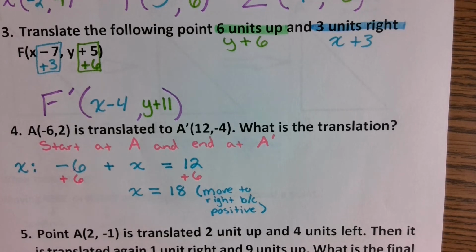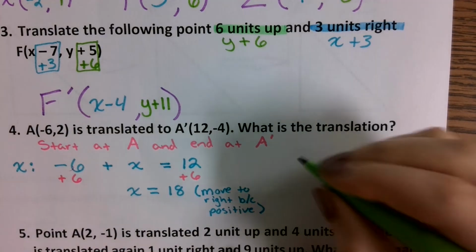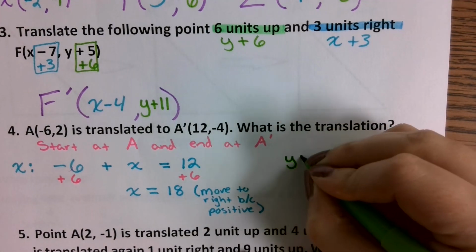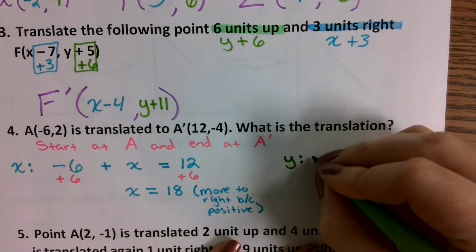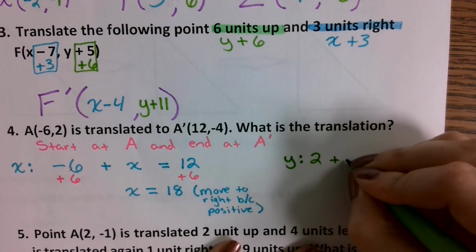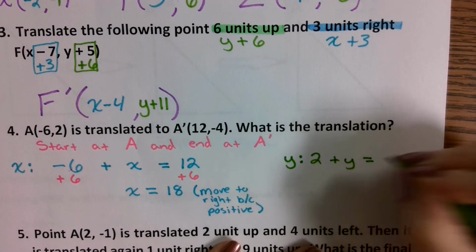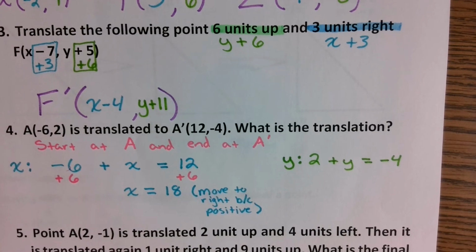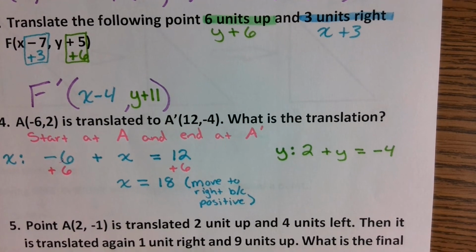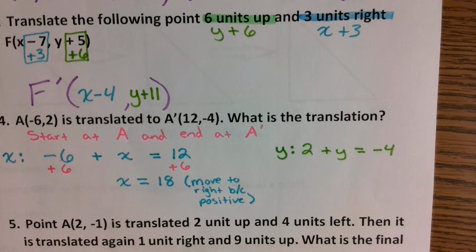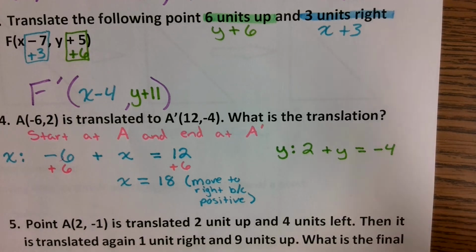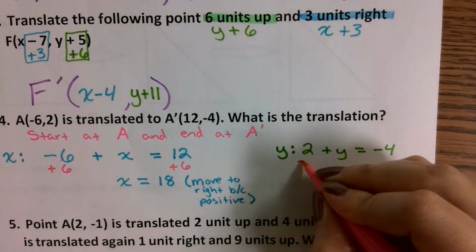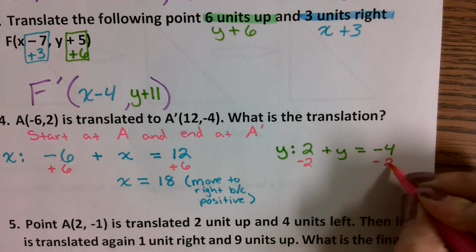Okay, then we're going to do the exact same thing for the y. For our y, we started at 2, did some kind of transformation, and we ended up at -4. So the same process. To solve it, we would subtract 2 from both sides.